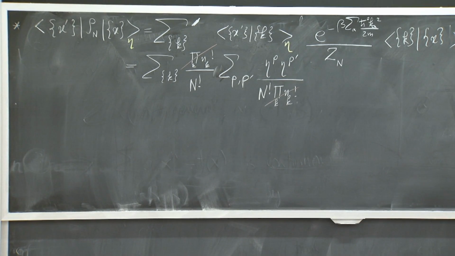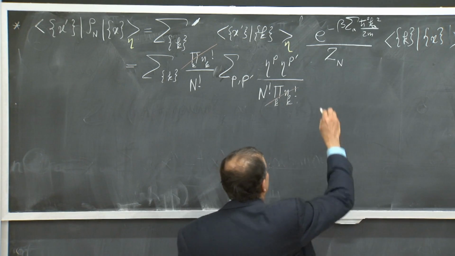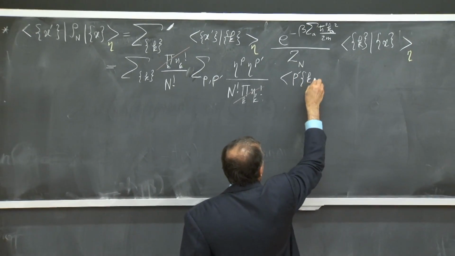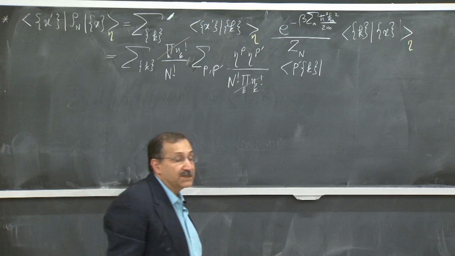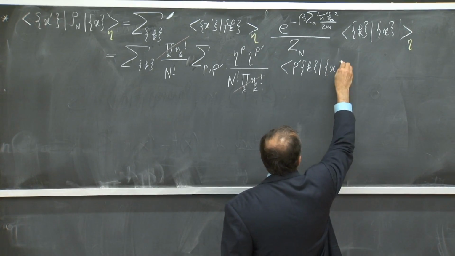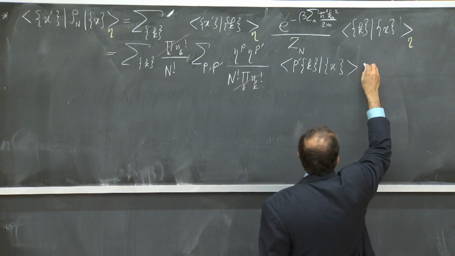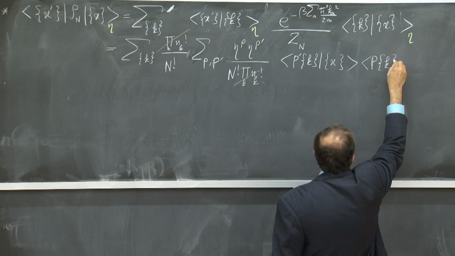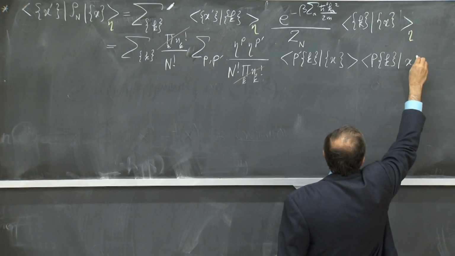OK, so we got that. Now, what do we have? We have p prime permutation of these objects going to x. And then we have here p permutation of these k numbers going to x.